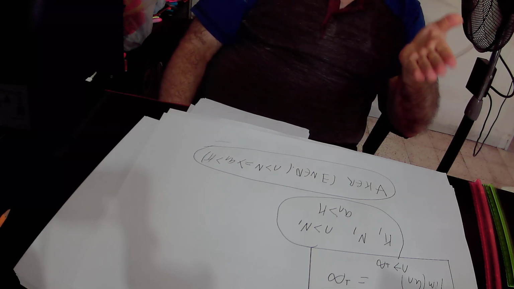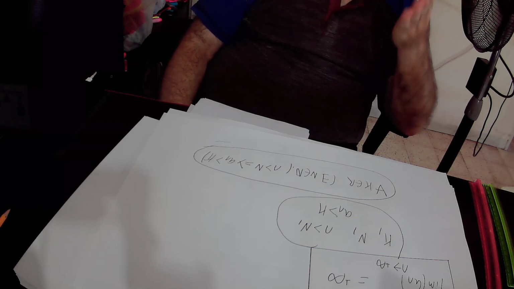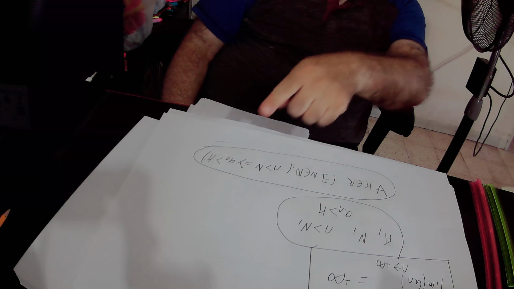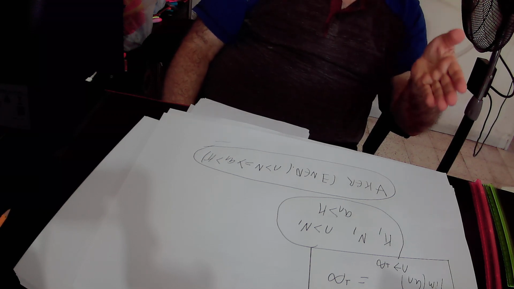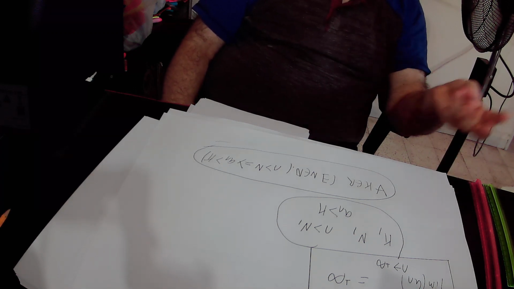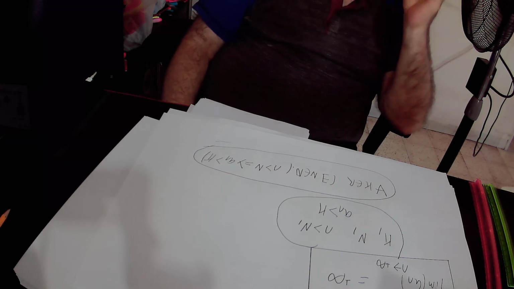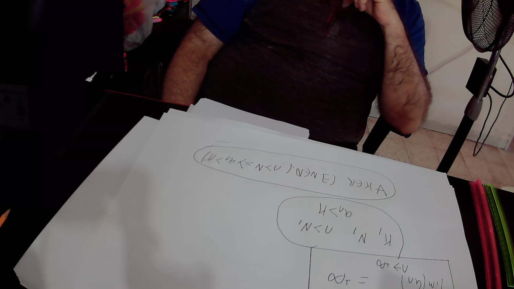That is to say, from the index N onwards, all the terms of the sequence a_n are greater than k. Actually, we have infinite terms of sequence a_n that are greater than k, and therefore the limit of sequence a_n is equal to plus infinity. Okay?